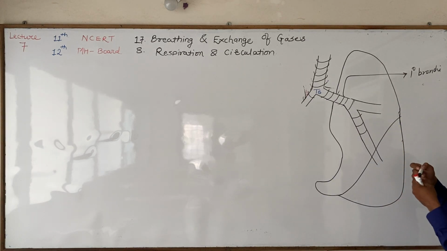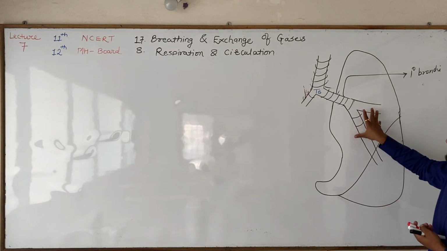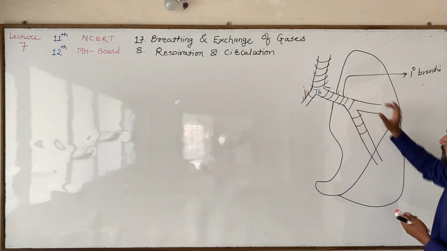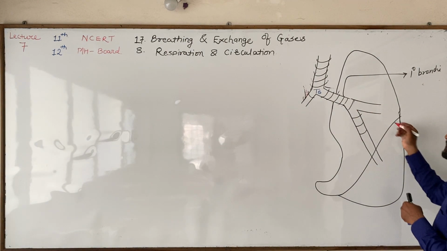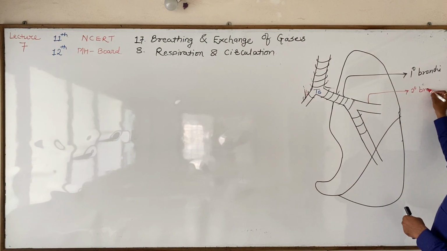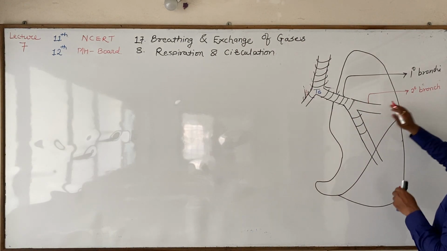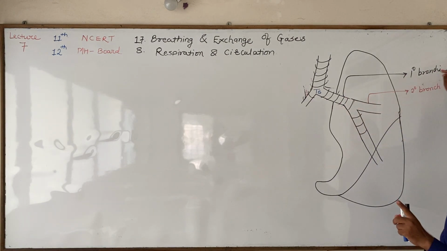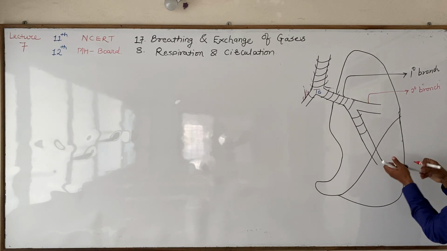Primary bronchus divides into two branches. When we are talking about the left lung, the primary bronchus divides into two branches. These are known as secondary bronchi. When I am writing only one part, it should be bronchus.